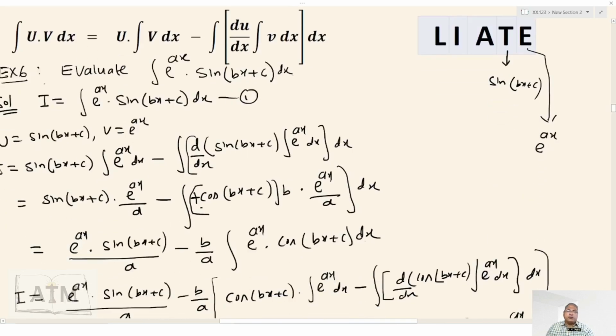But integration of e^(ax) sin(bx+c) with respect to x is nothing but I. So we are going to put this value in this equation.